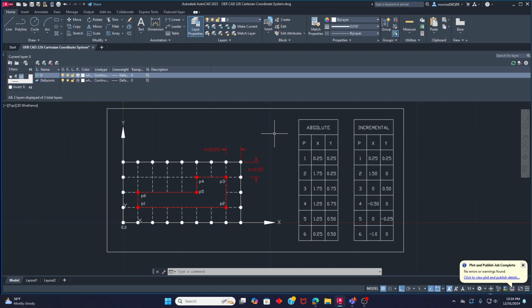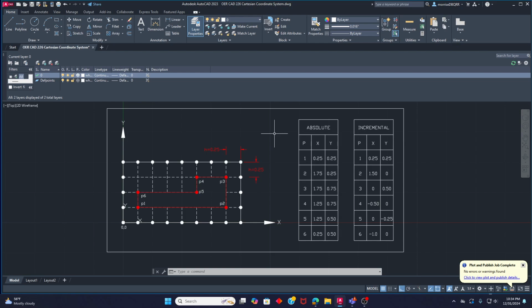Sometimes it's advantageous to do absolute. Sometimes it's better to use incremental. It just depends. It's really a preference also. You may have a preference. Sometimes it's easier to do incremental. In my opinion, it is a lot of times.